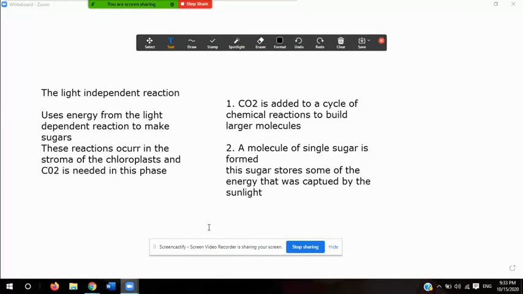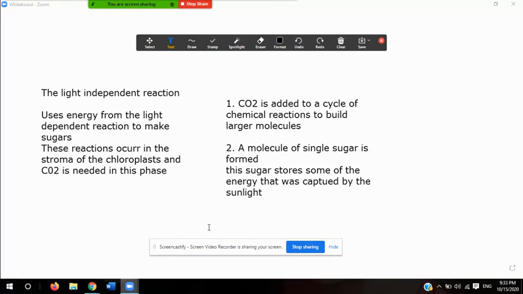Then we go into the light independent phase, where carbon dioxide is needed. That carbon dioxide is added to a cycle of chemical reactions to build larger molecules, using the energy absorbed in the light dependent phase. These large molecules are then transferred into simple sugars, and that sugar stores some of the energy in the sunlight.